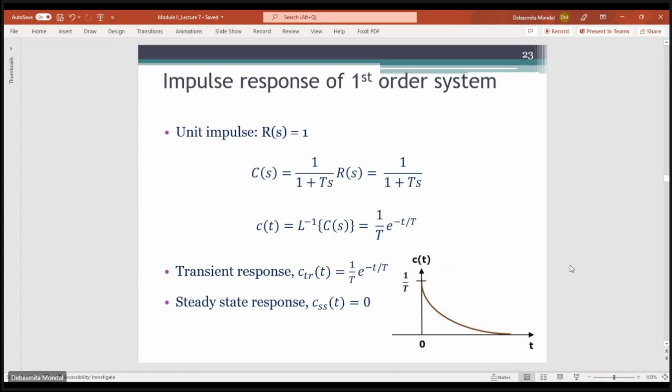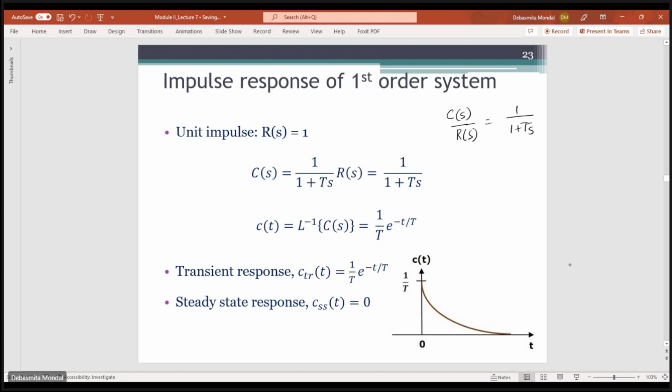Now let's see what the response will be for this standard first order system. Let's say you are taking a unit impulse, so the value of R(s) will be equal to 1. You can write the output expression: we know that C(s) by R(s) for this first order system is 1 by (1 plus Ts).